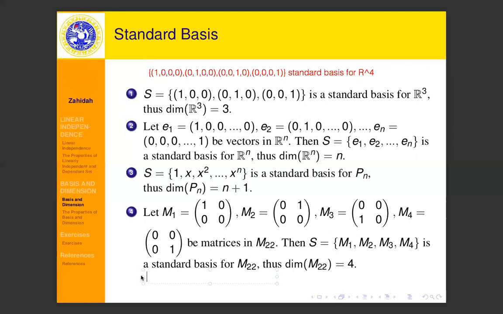Generally, if we want to find the dimension of p by q matrices, what is our dimension here? Maybe I ask you a simpler question.